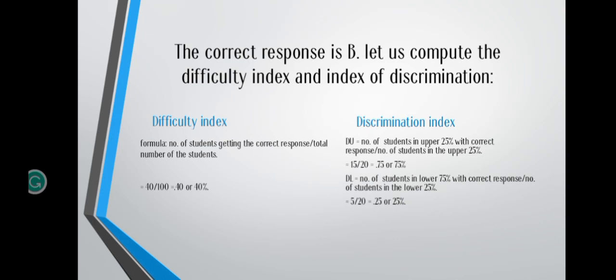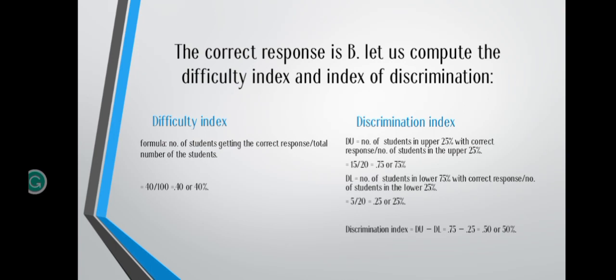So, 5 divided by 20 is equal to 0.25 or 25%. So, the discrimination index, kunin natin yung DU natin, 0.75, i-minus natin yung DL na 0.25. So, 0.75 minus 0.25 is equal to 0.50 or 50%.